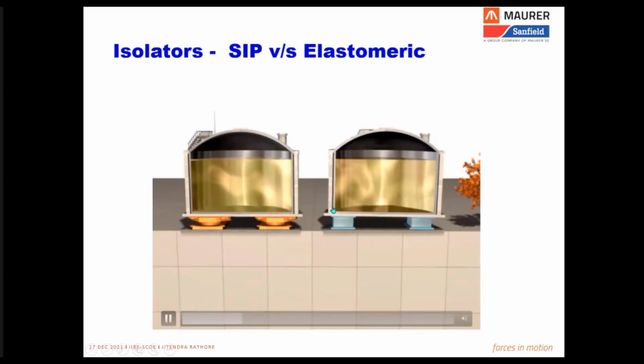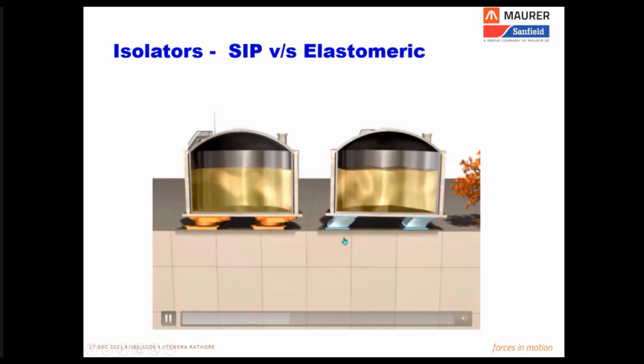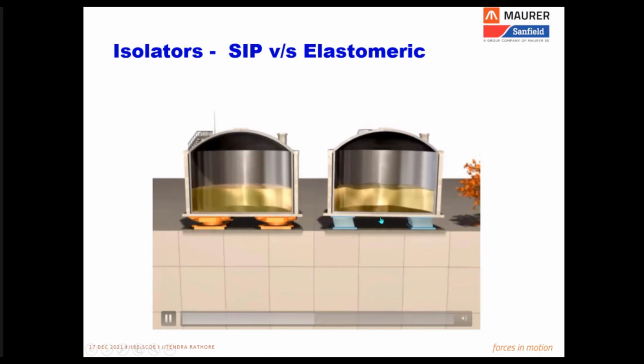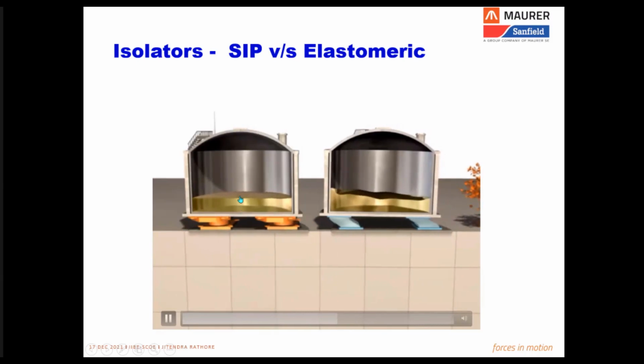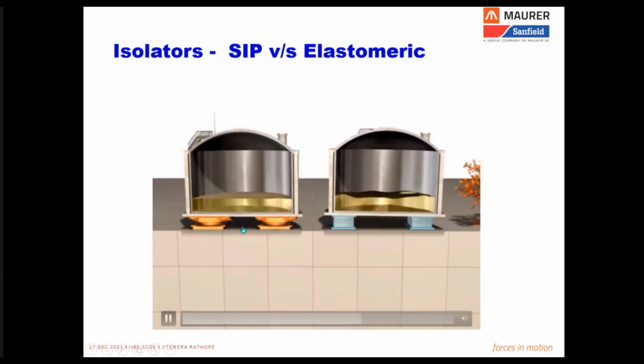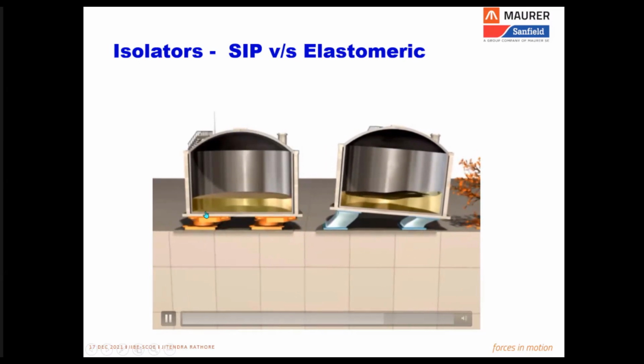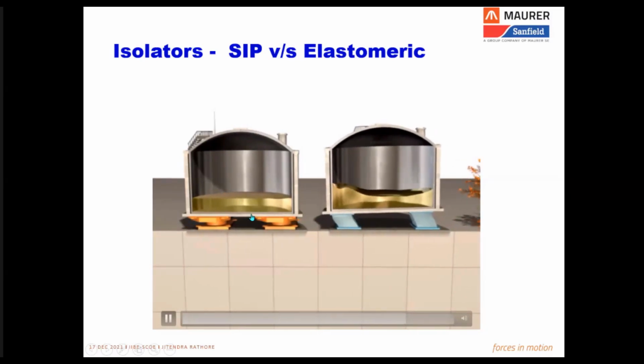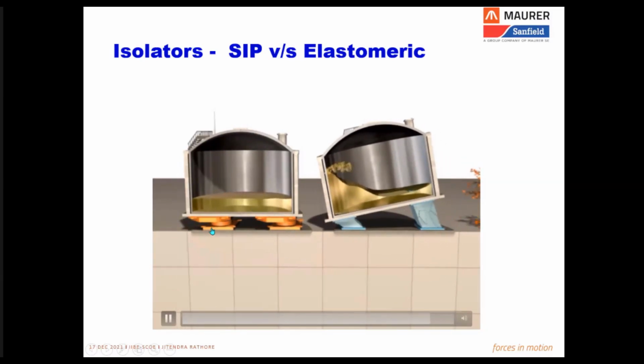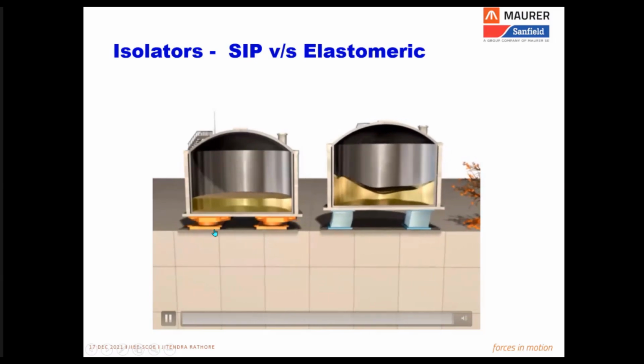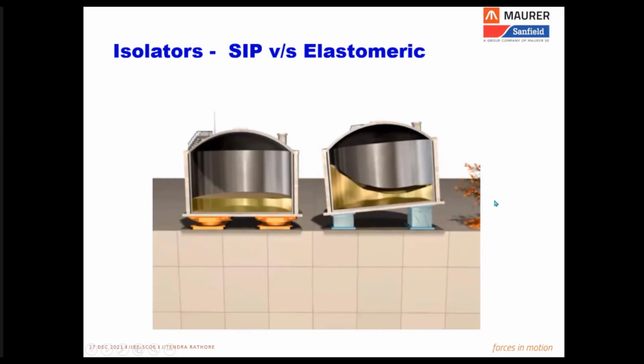And in such situations, the behavior of the elastomeric isolators changes and they start doing erratic behavior. But the mechanical isolators in all situations have a very set behavior because the behavior is totally relying on the curvature, which can be very precisely designed and manufactured also by machining techniques.